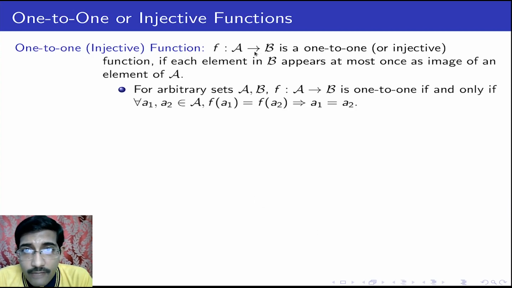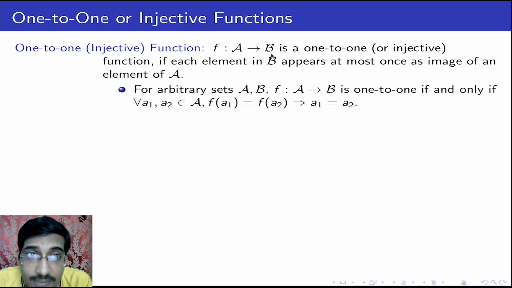It means that f from A to B is called one-to-one if each element of B appears at most once as an image of some element in A. So for an element in B, I could not get two different elements in A mapping to B. Function versus relation: a function restricts that one element in A cannot map to two different elements of B. That is the restriction driven by the definition of function.